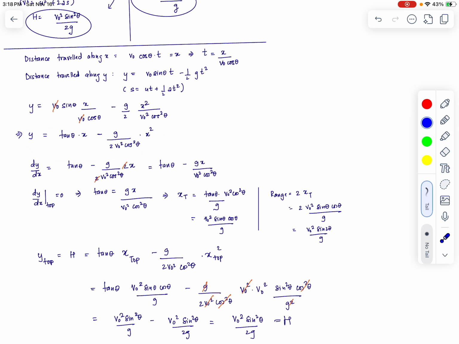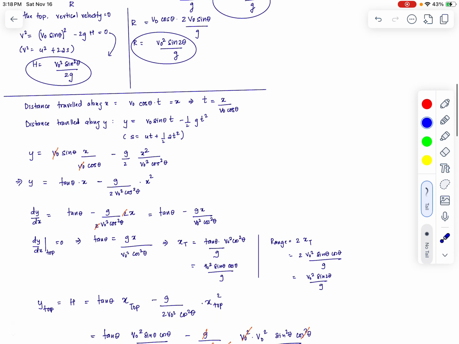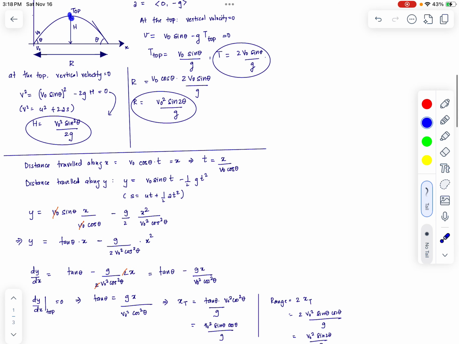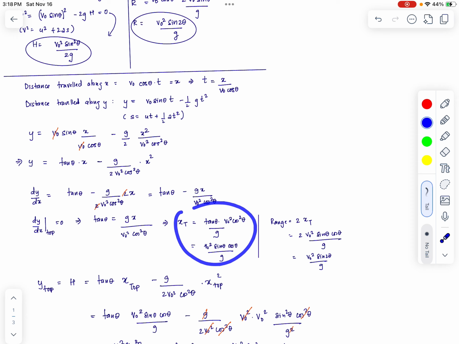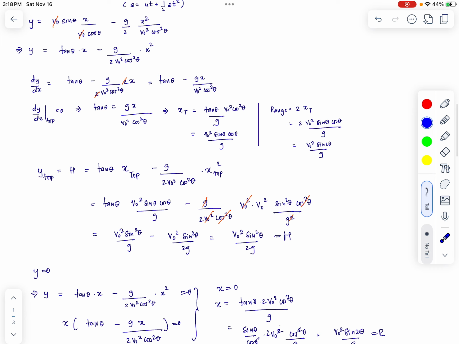We found the point where the slope is 0, which gives us the x coordinate of the top. The range was computed as twice the x coordinate of the top, and we found the y coordinate of the top as well, which is nothing but the maximum height reached by the projectile.